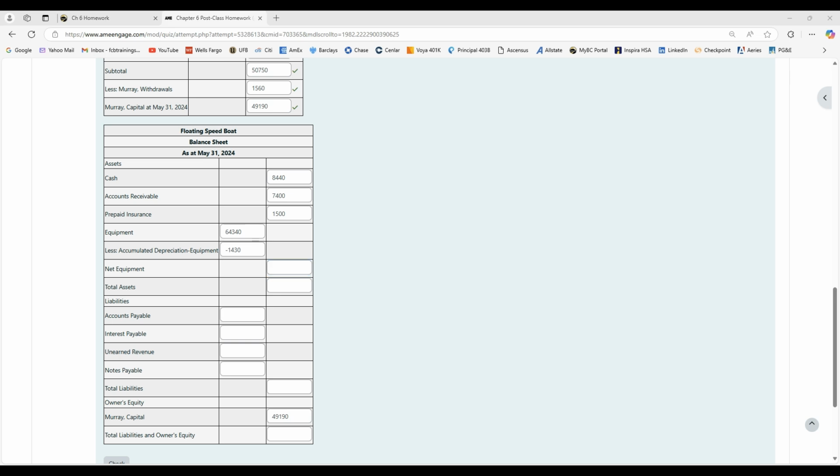and net equipment. Do a little bit of math here, so let's get our net book value. 62,910. Also, I want to see if, I think we might not need the negative sign there. I'm going to assume we don't. Let's try that first. Okay, then we'll add all the assets together and we get 80,250.